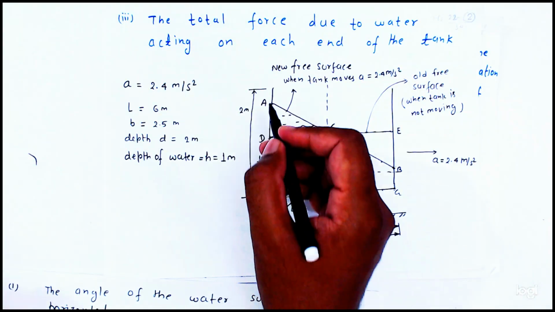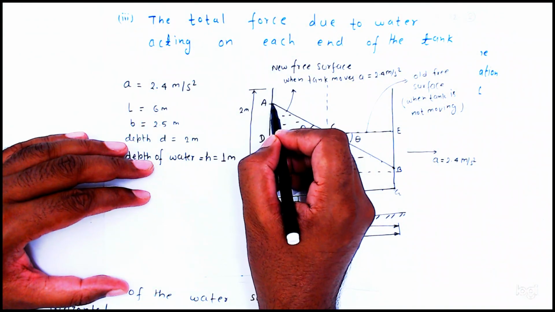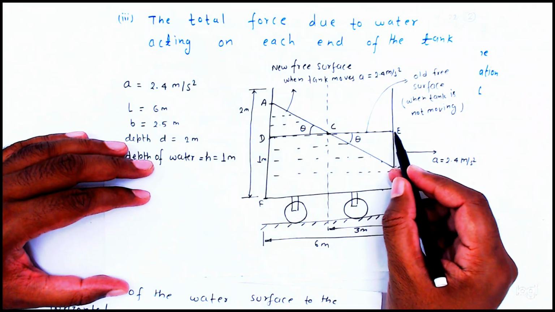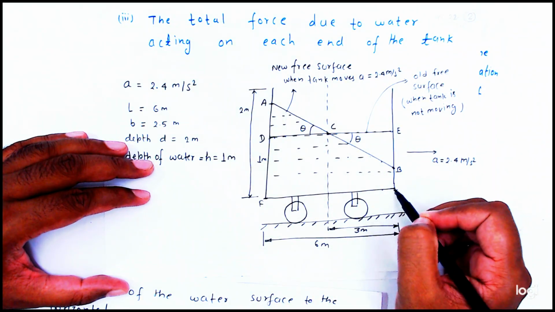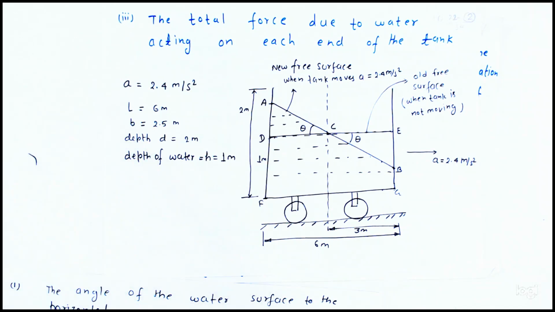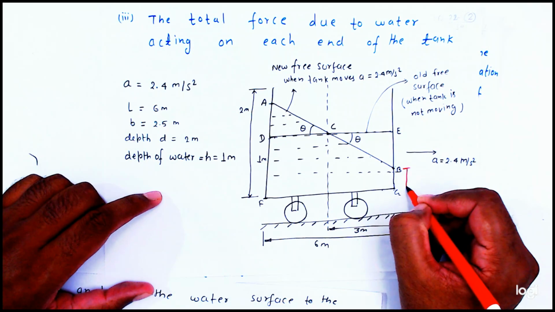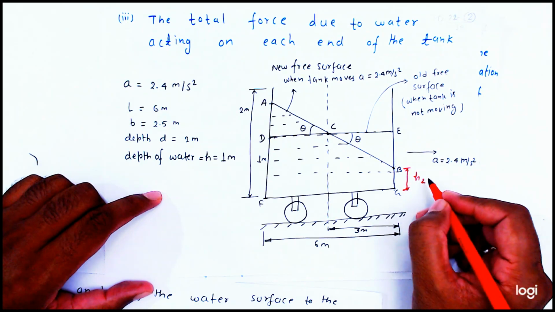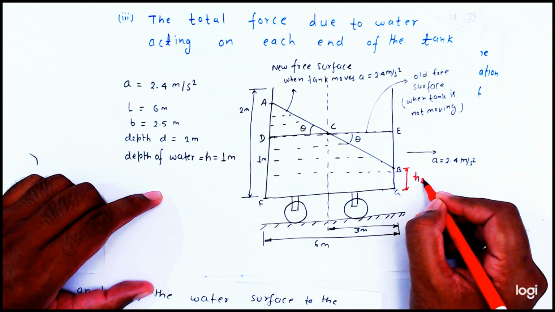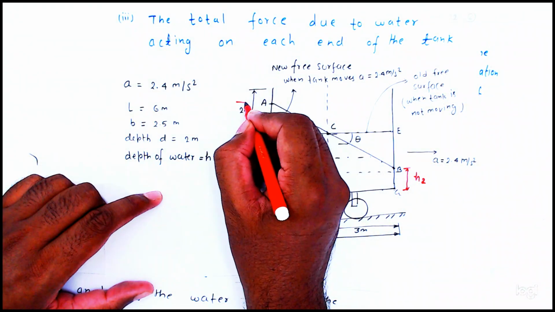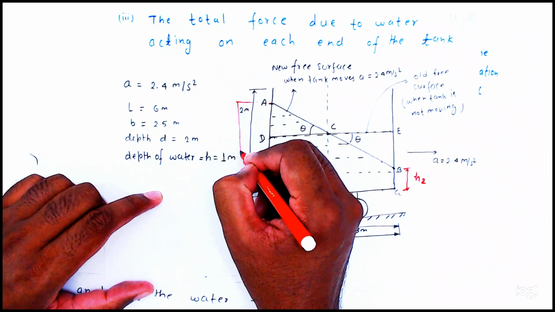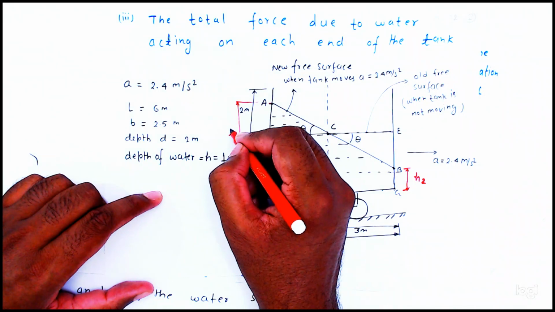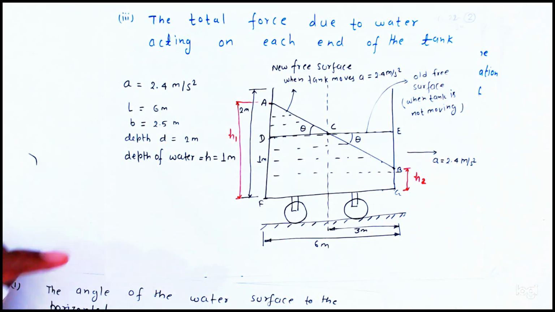Here this AF length is equal to h1 and here BG is h2. So I am making this length equal to h2 and this length h1.